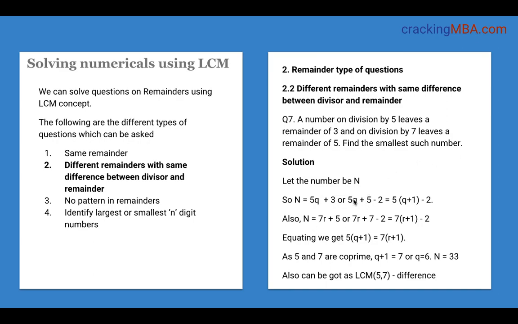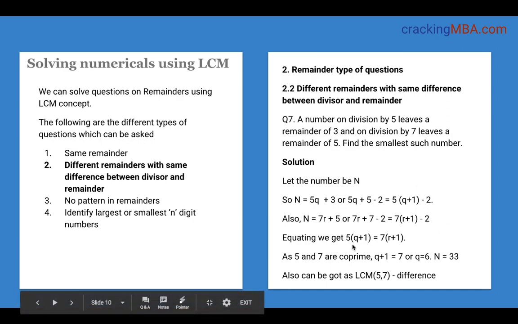Now let us see how we typically solve these kinds of questions. Let's assume n is equal to 5q plus 3 and also n is equal to 7r plus 5. Now 5q plus 3 can be written as 5q plus 5 minus 2, which is 5 into (q plus 1) minus 2, and 7r plus 5 can be written as 7 into (r plus 1) minus 2. Both of them are equal to n, so we equate them.